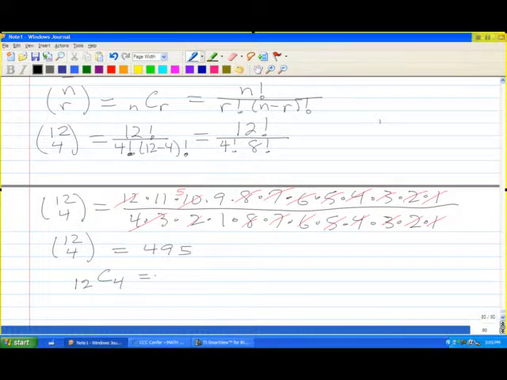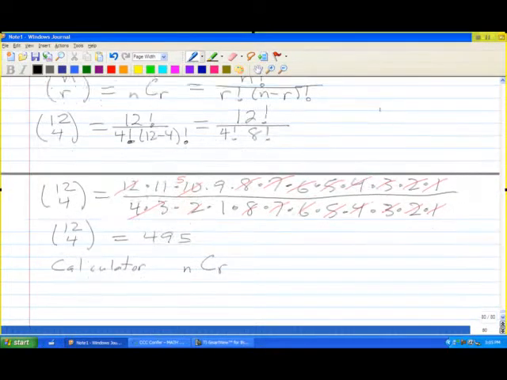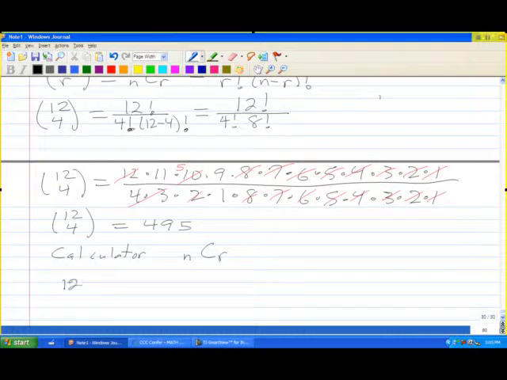Now, on a calculator, you would just calculate 12C4. So on a calculator, you would look for the NCR button and calculate it. So 12C4, let's do that.